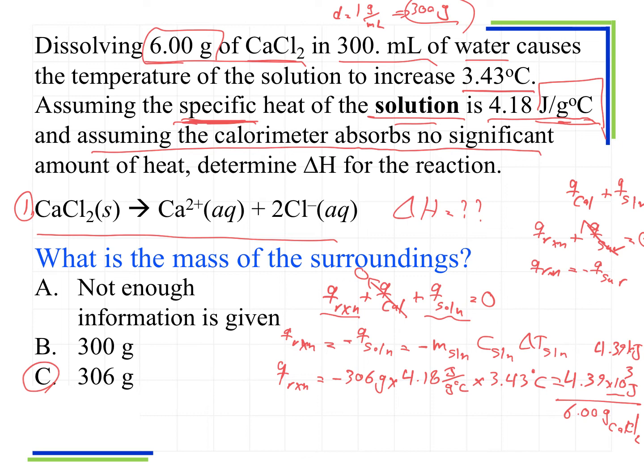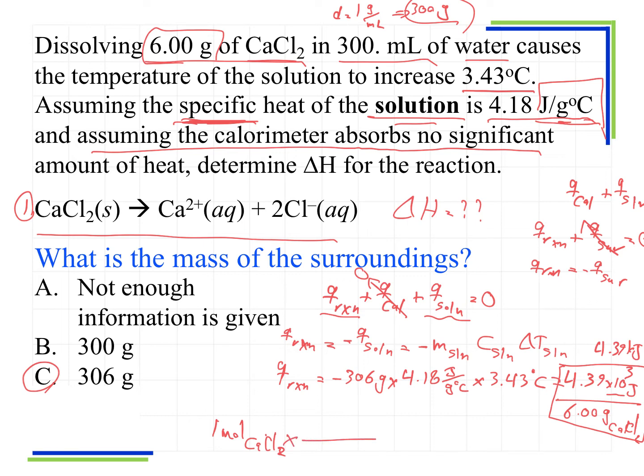Okay, so we can use this conversion factor, in joule, or we can do the same thing with kilojoule. So 4.39 kilojoule per 6 gram of calcium chloride, we can use that conversion factor to see how much energy is released by 1 mole, and that would be our delta H. Okay, so 1 mole of calcium chloride, and we have to go to gram to use this conversion factor.